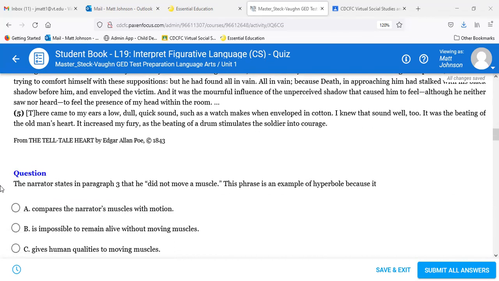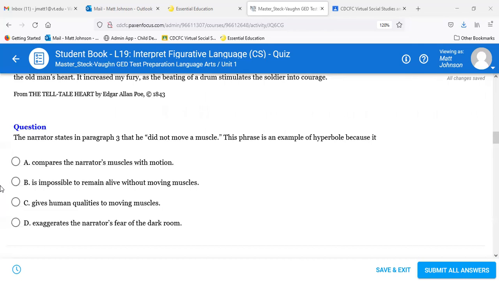So Tracy, could you read question 2 for us? Yes. The narrator states in paragraph 3 that he did not move a muscle. This phrase is an example of hyperbole because it A. Compares the narrator's muscle with motion.